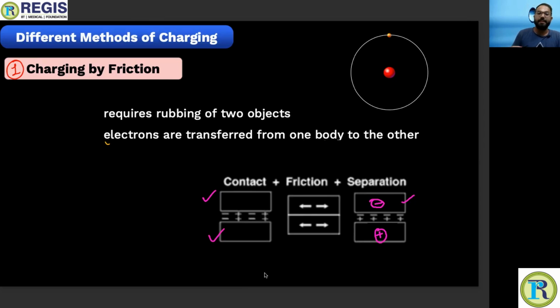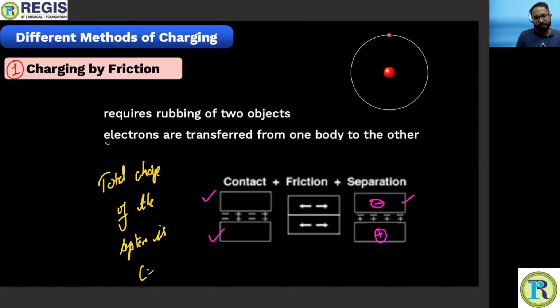Okay, but there is a property: the net charge, the total charge of the system, is conserved.